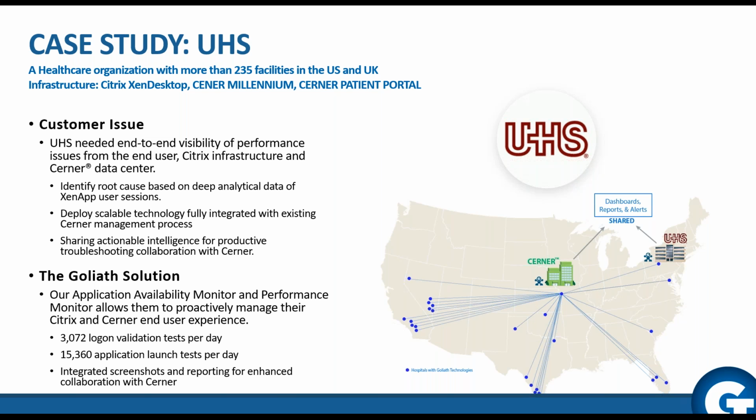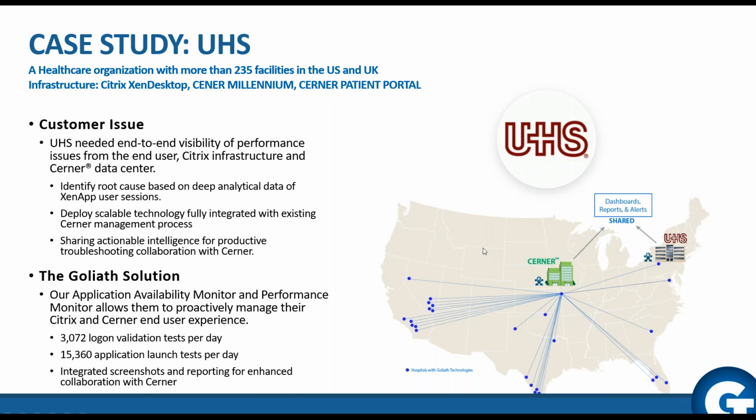They also used our Goliath Performance Monitor technologies to allow them to manage their entire Citrix and Cerner deployment. They're utilizing Goliath Application Availability Monitor to launch something like 15,000 applications over the course of something like 3,000 different log-on validation tests per day.